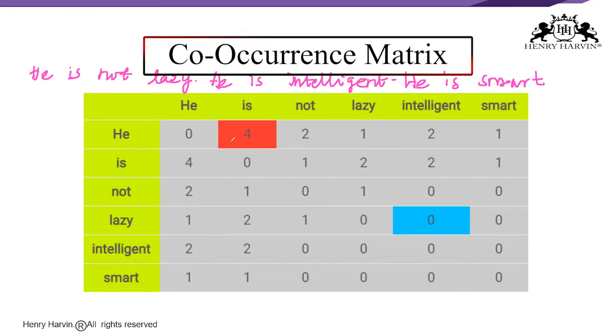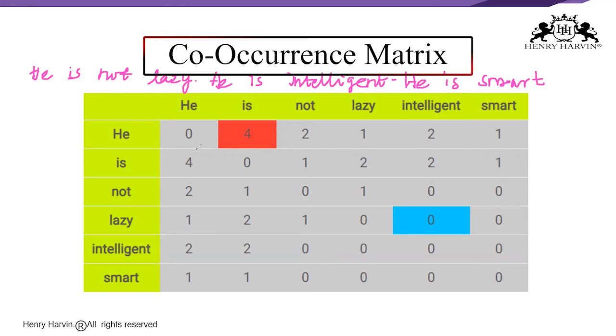You can see some boxes over here, a red box and a blue box. The red box shows how many times "he" and "is" have appeared in the context window of 2, and the count turns out to be 4. How can I tell that?